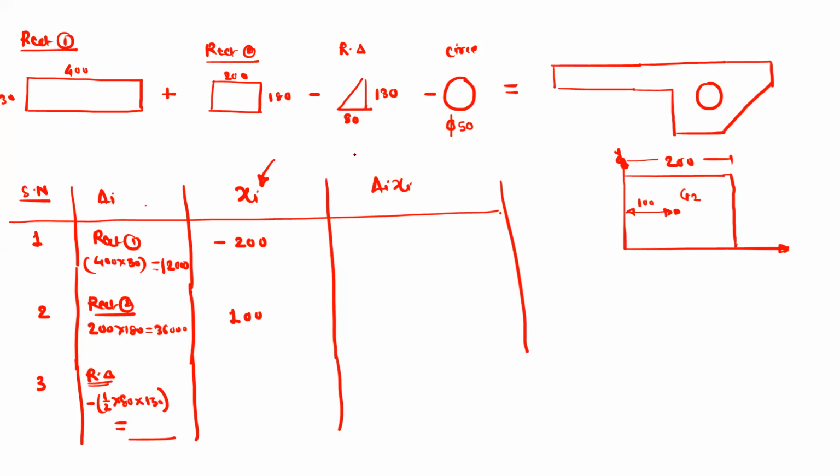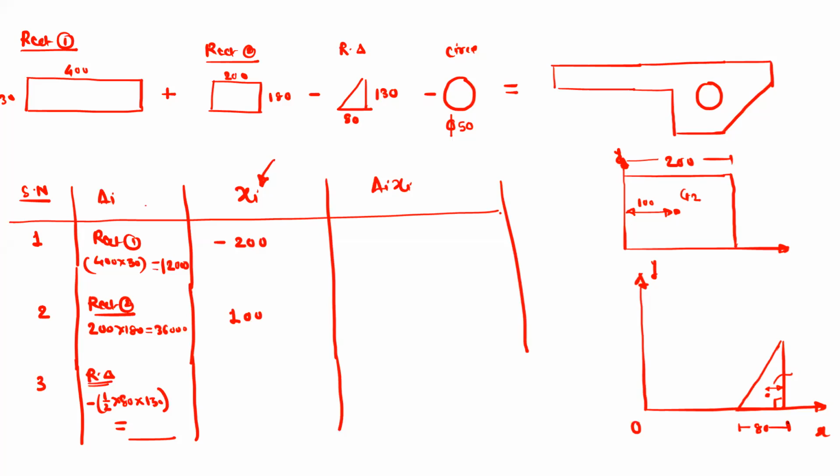Now for this right angle triangle, we have to locate the center of gravity. This is the position of the right angle triangle, and this is the origin. We know the position of the centroid for the right angle triangle from this 90 degree angle. This distance from the 90 degree angle is equal to b by 3, where the base is 80.